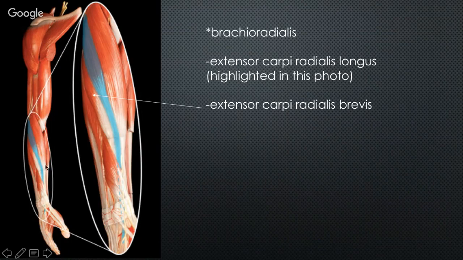We can see the brachioradialis right there, and the extensor carpi radialis longus, which is what's highlighted here, and then the extensor carpi radialis brevis. So these are named because they extend the fingers, and radialis, it's near the radius bone. It's on that lateral side where the radius will be.